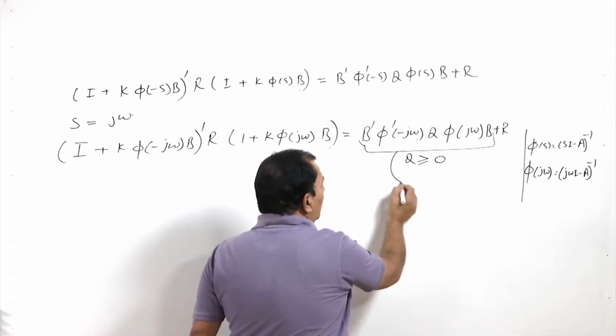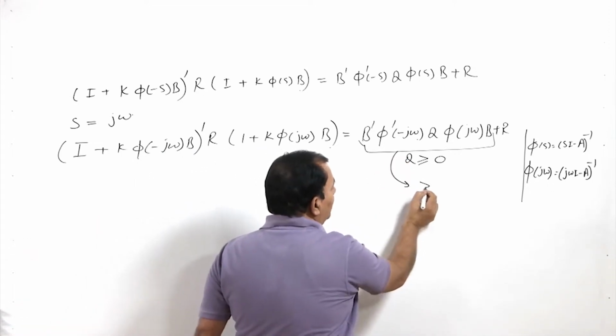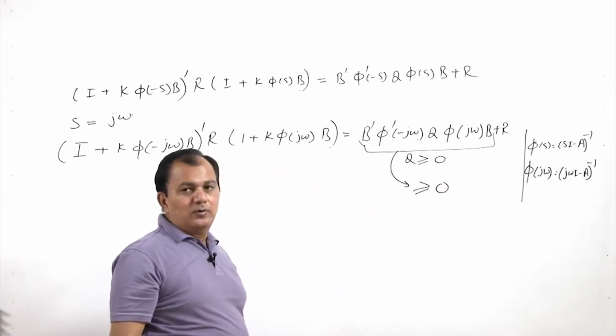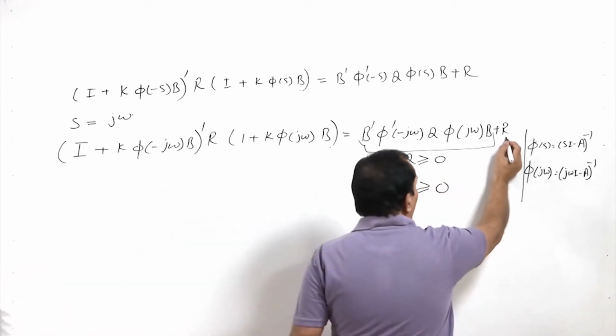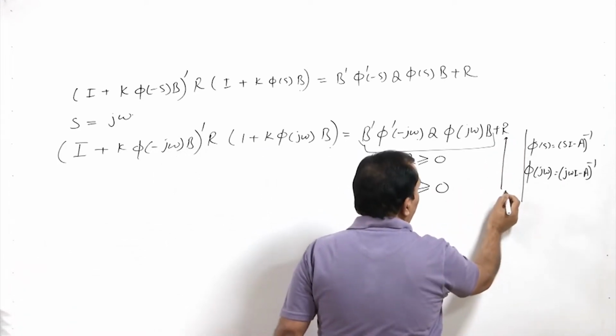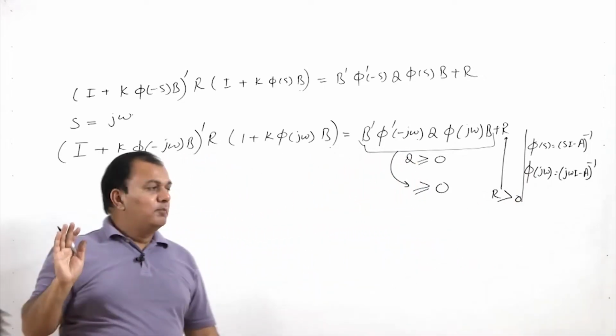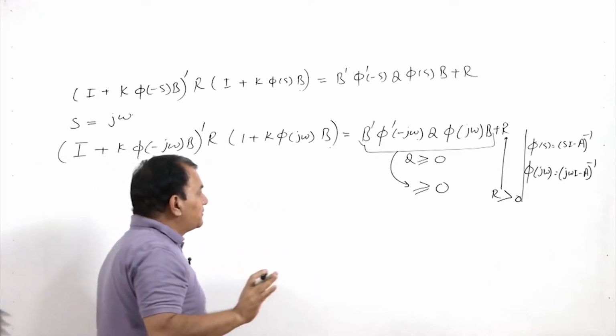So, this means the whole quantity is greater than or equal to 0. My R is always greater than 0, because this we have selected as a positive definite matrix.